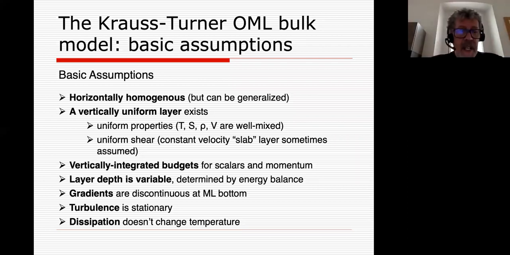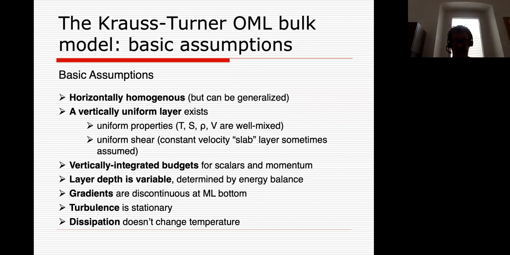They made a lot of assumptions. First, the ocean is horizontally homogeneous. So we can forget lateral advection, we can forget lateral diffusion, we can forget all the anomalies in temperature or salinity that can be present laterally.